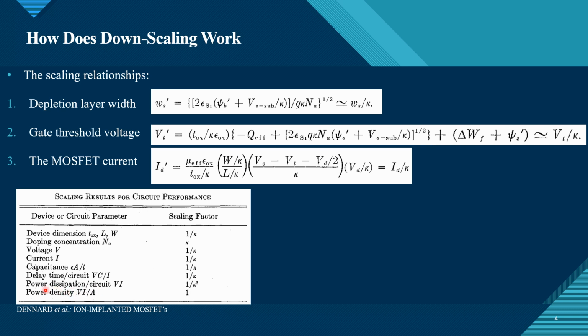We always try to minimize power dissipation in electronic devices and the chips. Therefore, by scaling down, we can minimize the power dissipation by the factor of K squared.